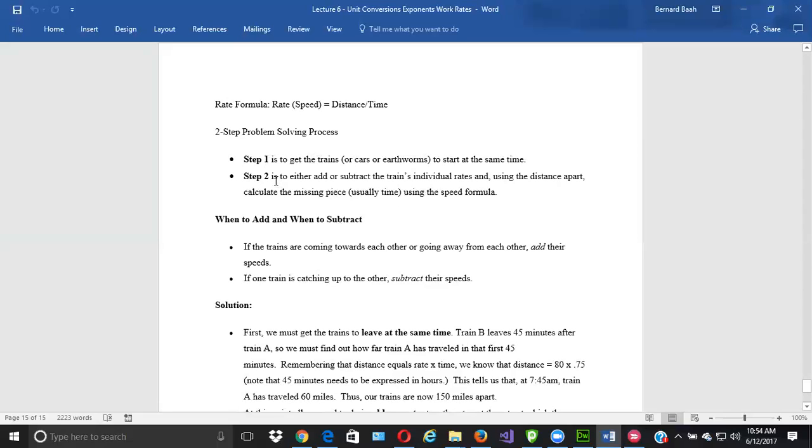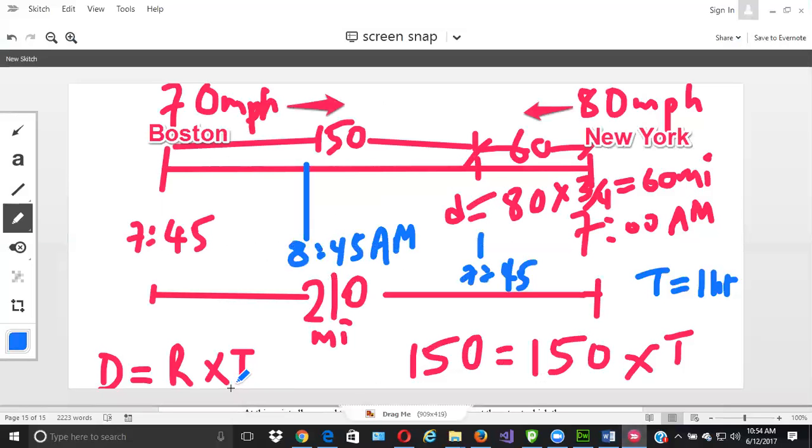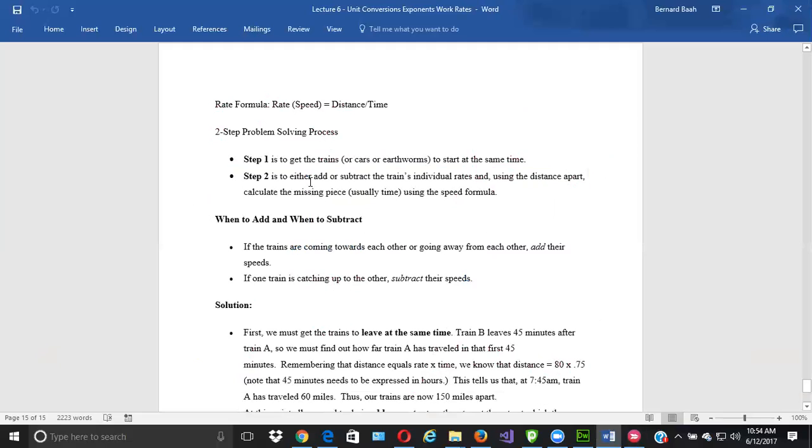The second step is to decide whether you're going to add or subtract the trains' individual rates to get the relative speed that you're going to plug into the formula the second time. So this second time, I decided that since the trains are moving toward each other, I will add up their speeds to get the relative speed. So the rule here is that if the trains are coming toward each other or going away from each other, you add their speeds. But if one train is catching up to the other, then you subtract the speeds to get the relative speed.